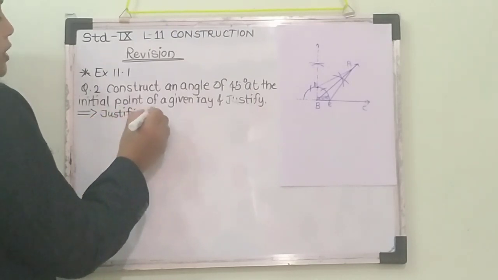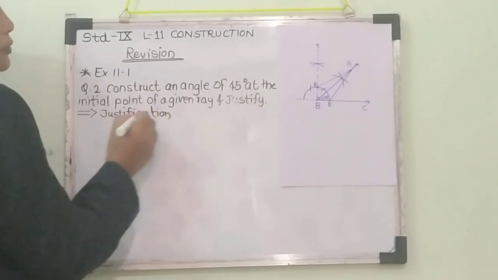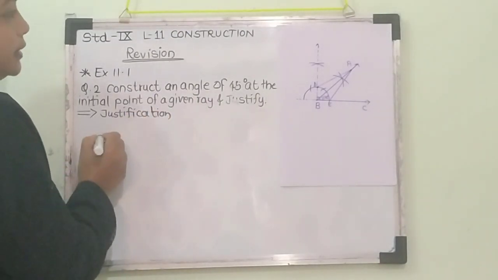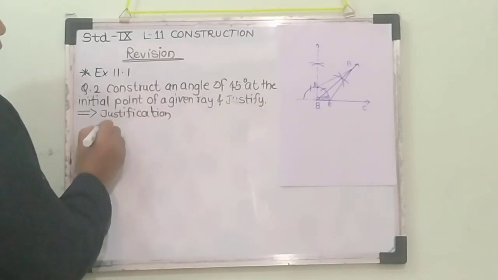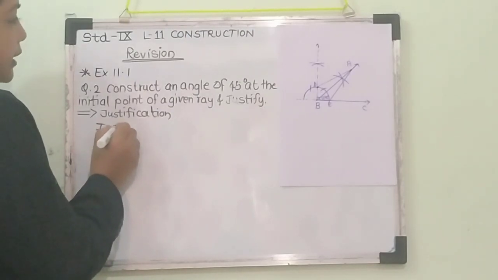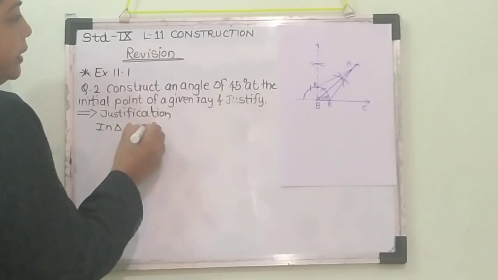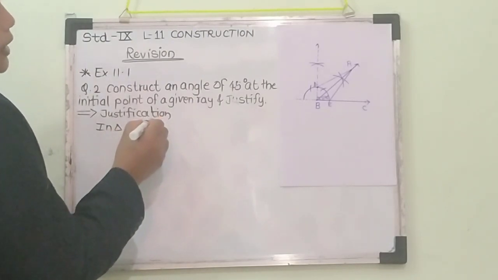See the justification now. First, we consider the two triangles, that is triangle ADB and triangle AEB.